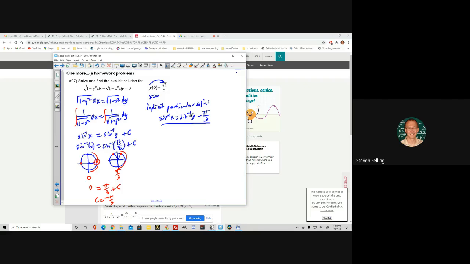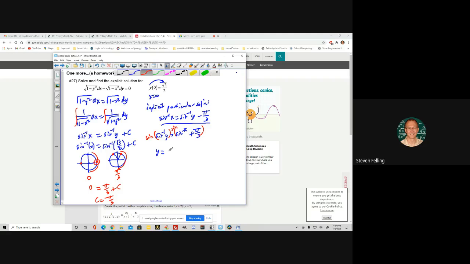I think we could. We could say inverse sine of y is going to equal inverse sine of x, and then when I move this to the other side, it'll be plus pi over 3. Therefore, to undo this, you'd have to take the sine of both sides.